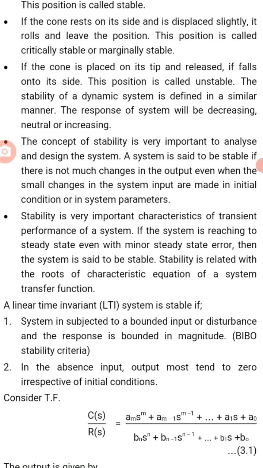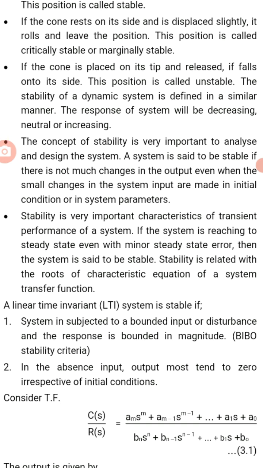There should not be such a condition that if input is 2, the corresponding output will be 21 or 22. If input is 3, the corresponding output will be 33 or 34, like that. That is called an unstable system. Whereas corresponding to 1, 10 output, corresponding to 2, 20 output, it is called a stable system.